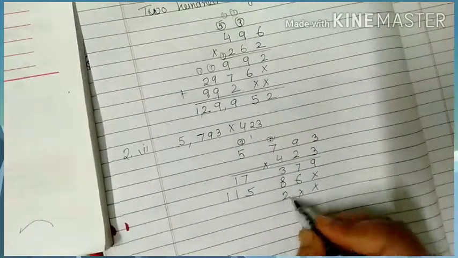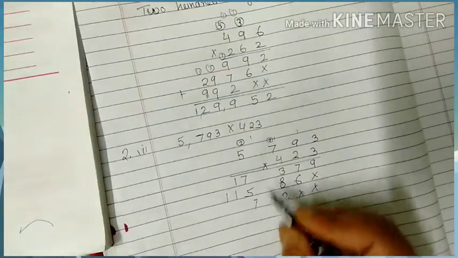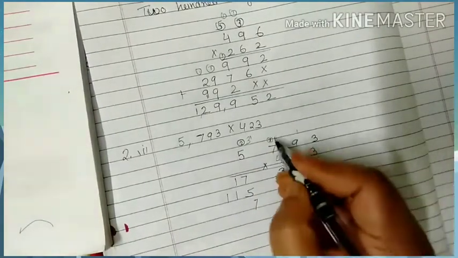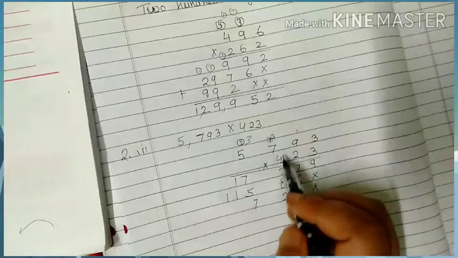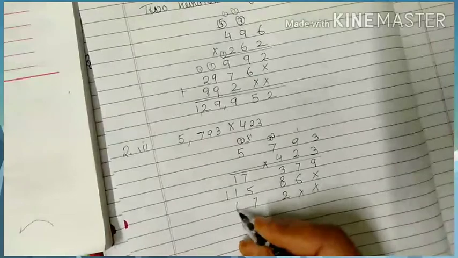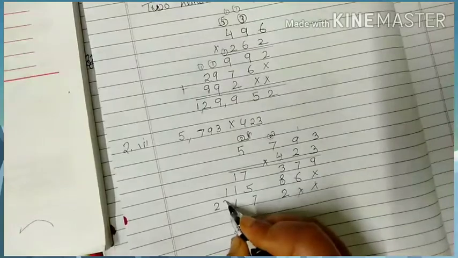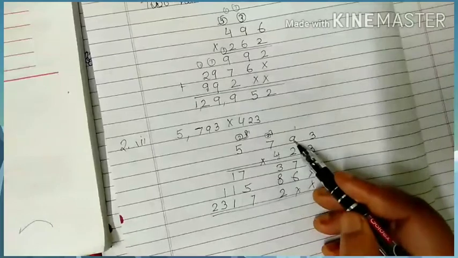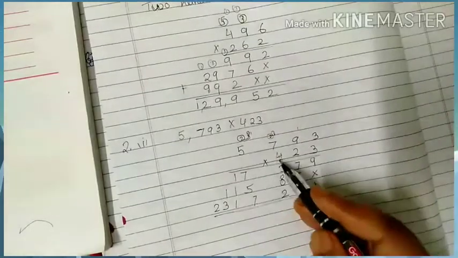Now 4 3s are 12, 1 carry. 4 9s are 36 plus 1, 37, so write 7 here, carry 3. 4 7s are 28, 28, 29, 30, 31, so 1 carry 3. 4 5s are 20, 20 plus 3, 23.